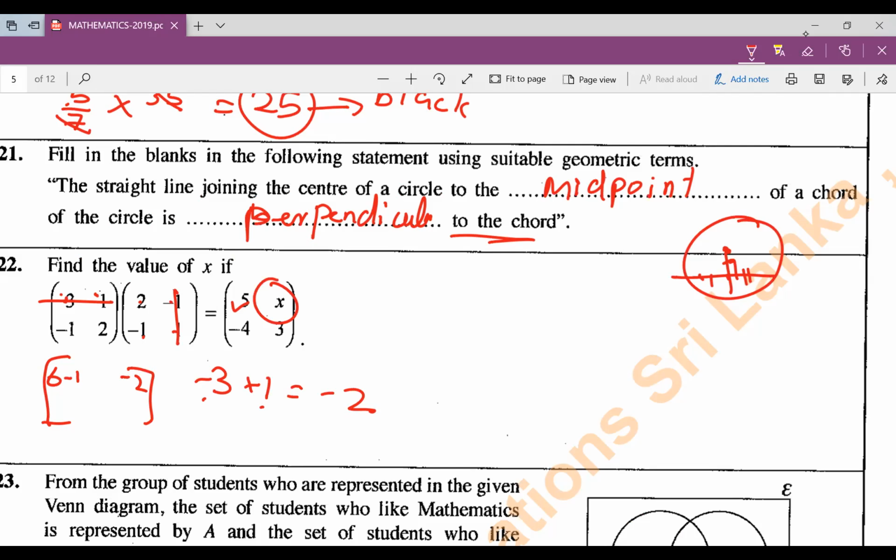It is minus 2. And here, just for checking, you only need this one. I'm just explaining because I'm teaching. So this into this will become here: 1 into 2 is 2, and then 2 into minus 1 is minus 2.